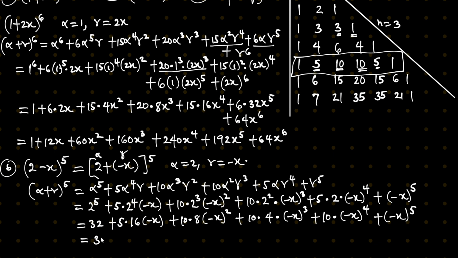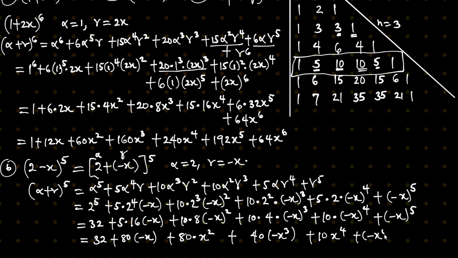So this becomes 32 plus 80 times minus x plus 80 again times, now we are squaring the negative x, so you're going to have x squared, plus here we have 40. Now you are raising negative x to the power of 3, which is an odd power, so you're going to have it multiply minus x to the power of 3, then plus 10 x to the power of 4, the power is even, then plus minus x to the power of 5.